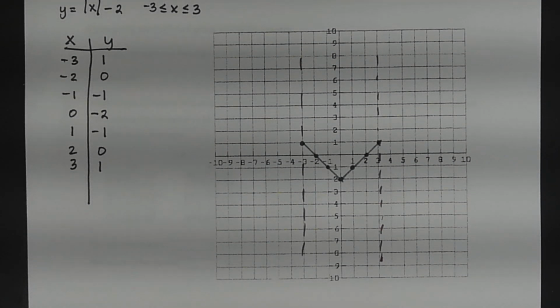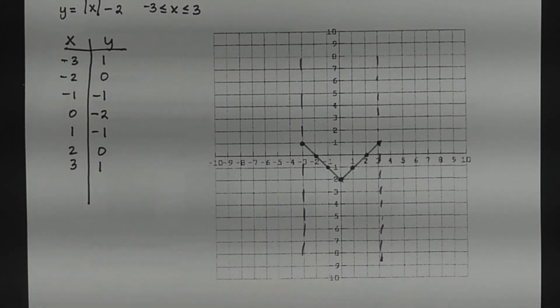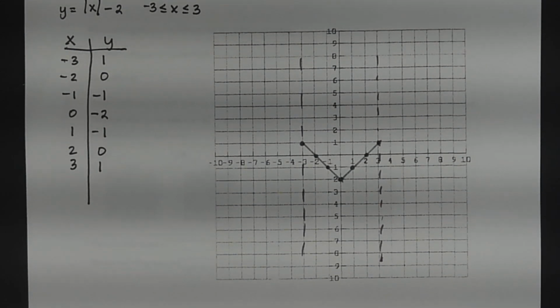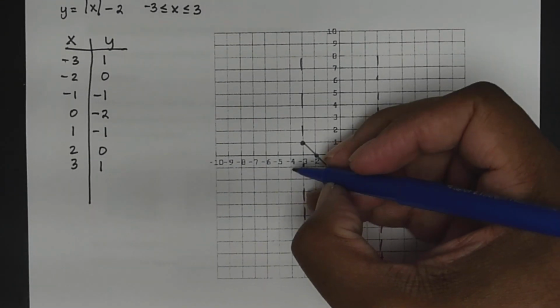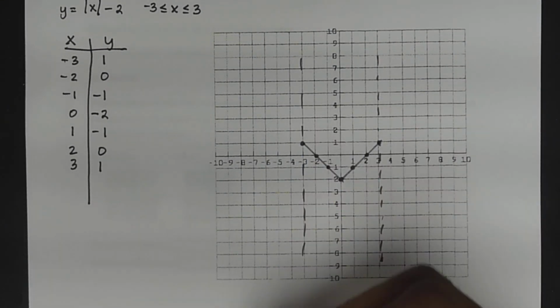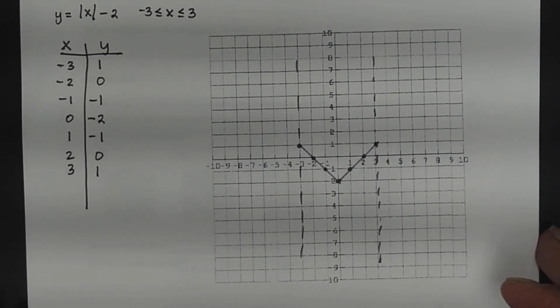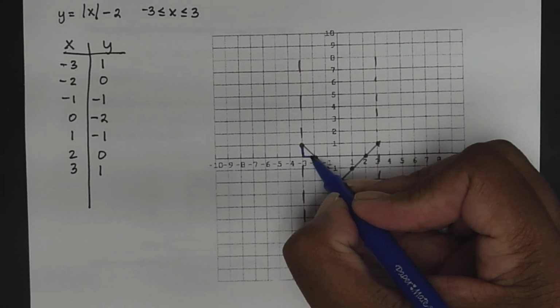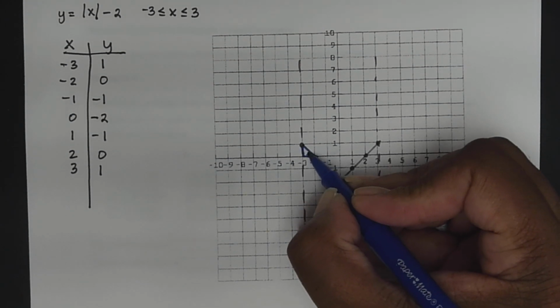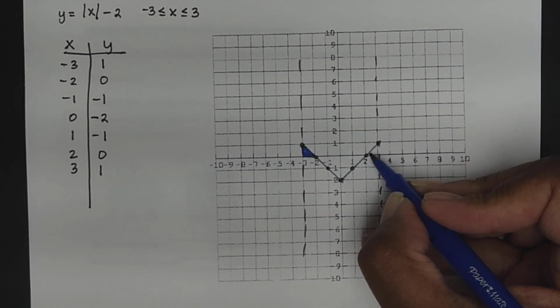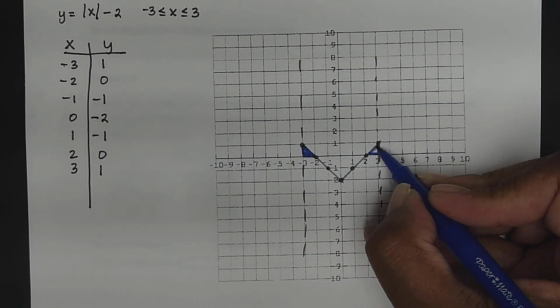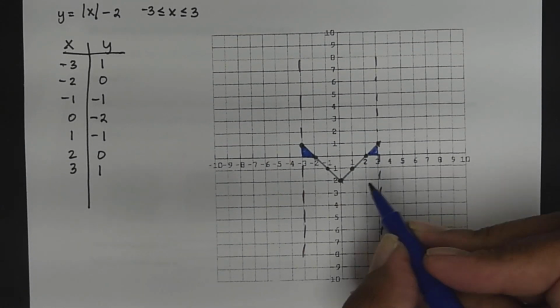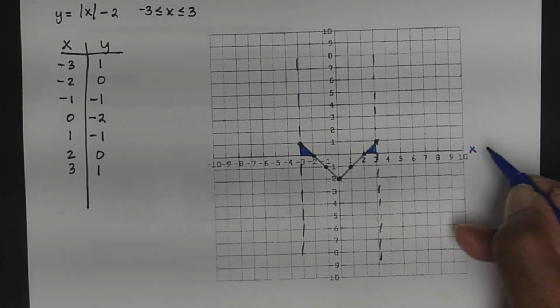So what I'm going to do here is shade in the area that's bounded by my endpoints and the graph and the x-axis. Here's one area right here, and here's another area right here on this end, because here's the x-axis right here.